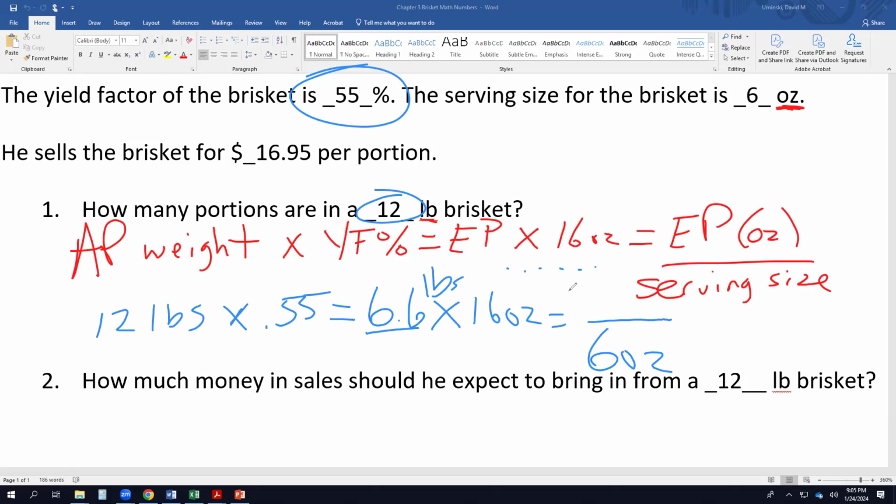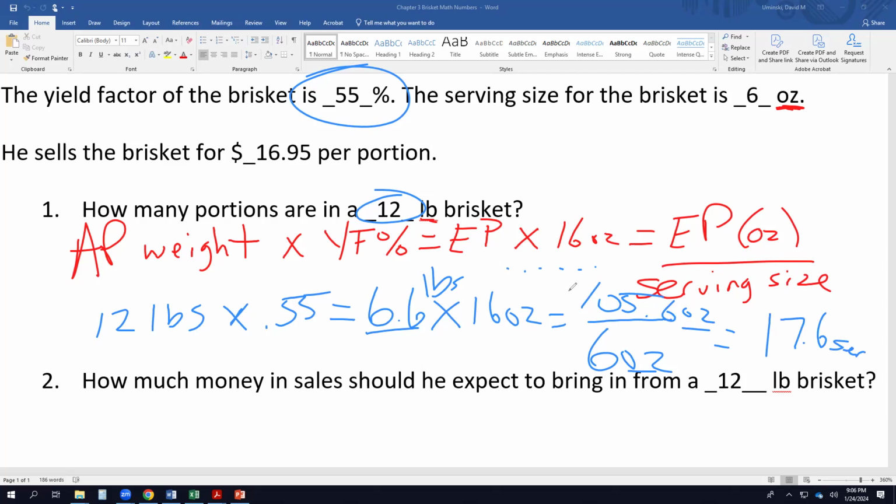And to get how many? Say it loud and proud. 105.6 ounces. And now, because my units match, I can divide by 6 ounces. So 105.6 ounces divided by my 6-ounce portions gives me 17.6 servings.